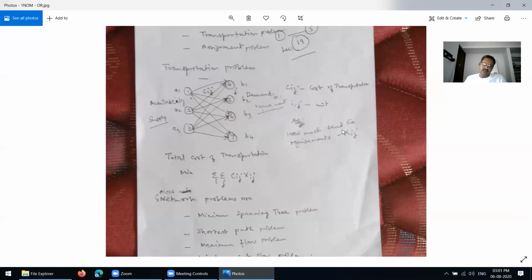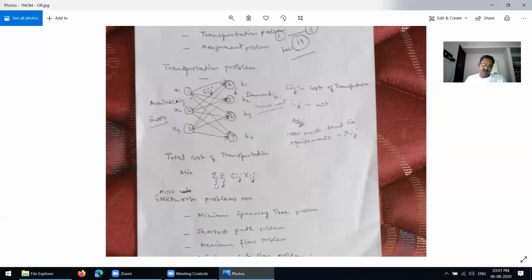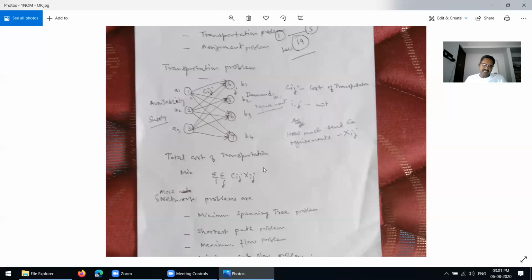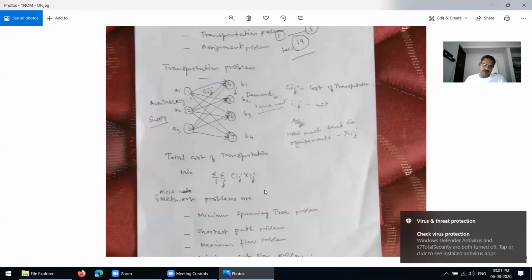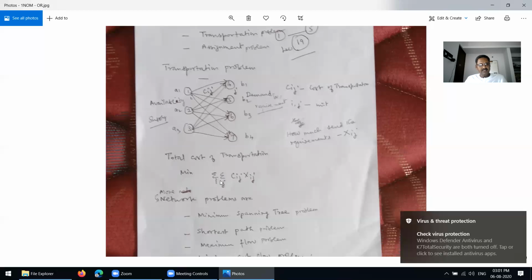So now the total cost of transportation is expressed as minimum of the sum over i, j of Cij times Xij, where Cij is the cost of transportation from I to J, and Xij is the quantity transported from I to J.